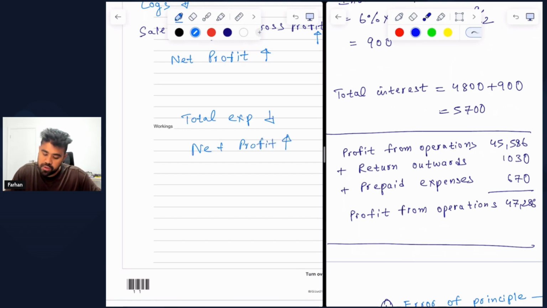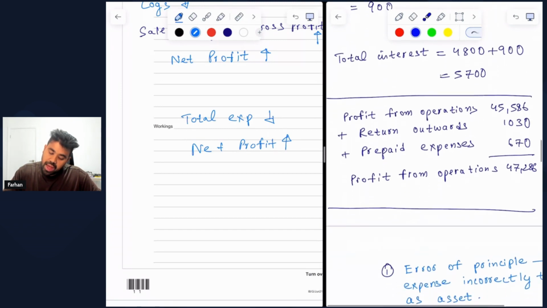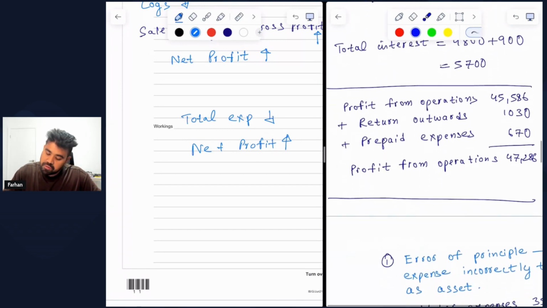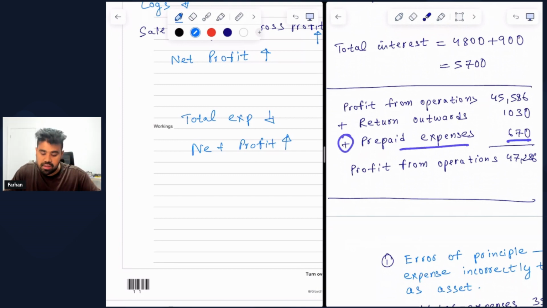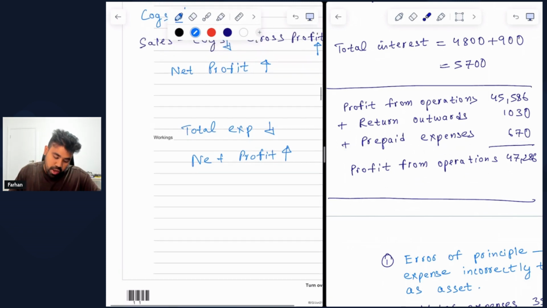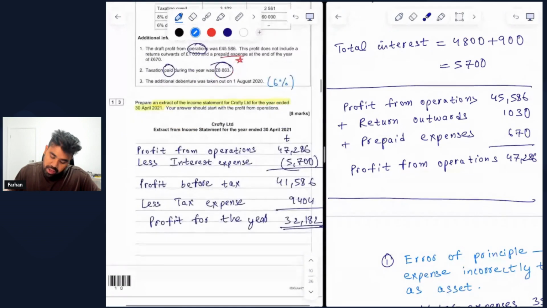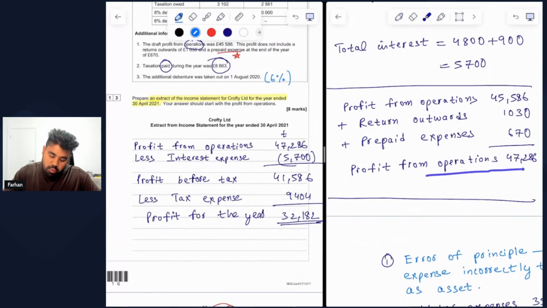So if net profit goes up, then we will be adding the prepaid expenses of £670 to the draft profit from operations to reflect the fact that if we are correcting this, this is going to increase the profit. Okay. So that results in a final profit from operations of £47,286.